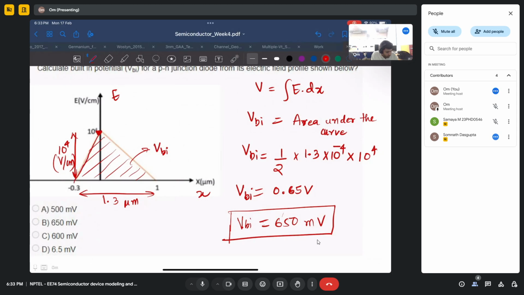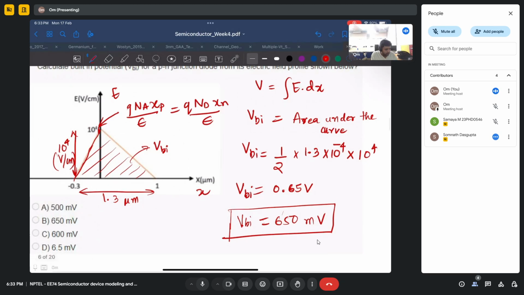This peak value of 10 to the power 4 is equal to Q Na Xp by epsilon, which is also equal to Q Nd Xn by epsilon. Epsilon is the permittivity of the silicon material, Q is the charge.